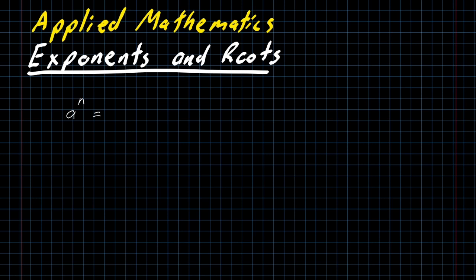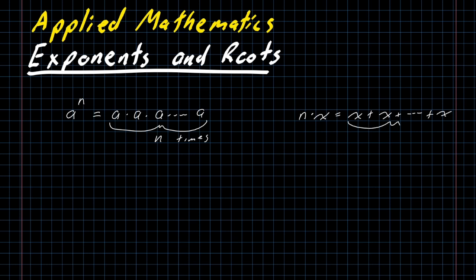And A to the n means A multiplied by itself n times. This is very similar to the definition of multiplication. N times x is x added to itself n times.